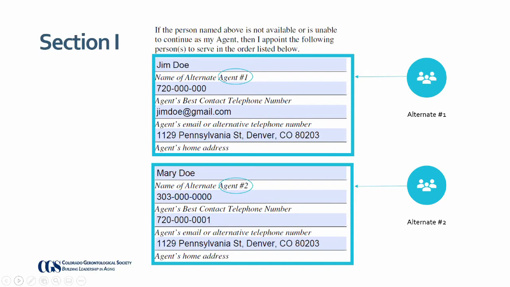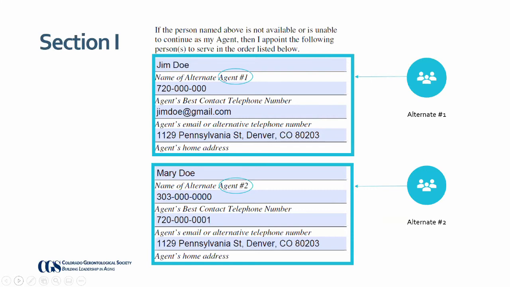We enter his full phone number. For Jim, we have an email as a second way to contact him. So we're going to do the same exact thing. We're going to put his full email address because there are so many different providers that we never want to make it complicated for any of our agents or alternates to be contacted.